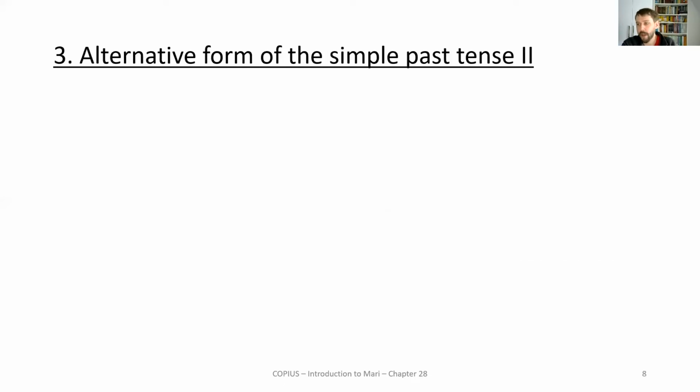Alternative forms of simple past tense two. This is something we saw when we first met the simple past tense two back whenever it was, and we saw it in chapter 21 in the interview already.